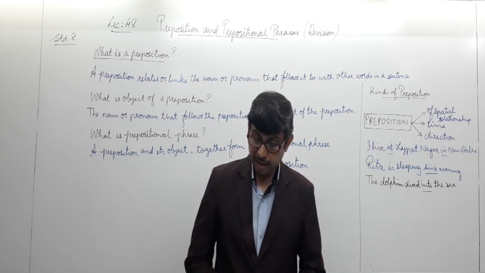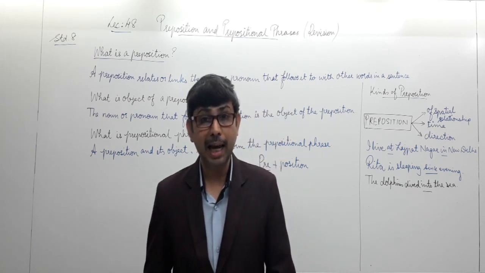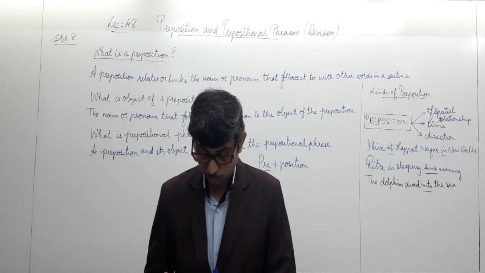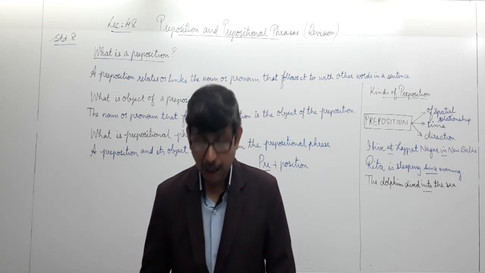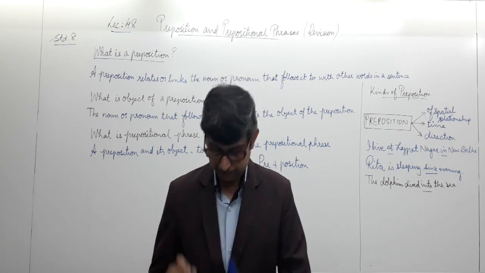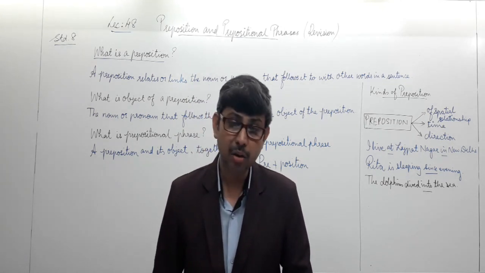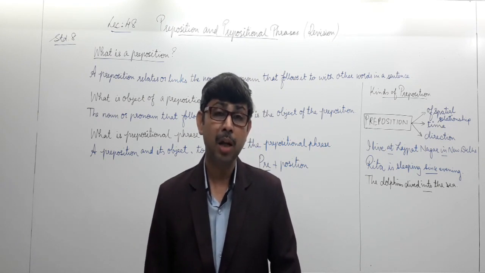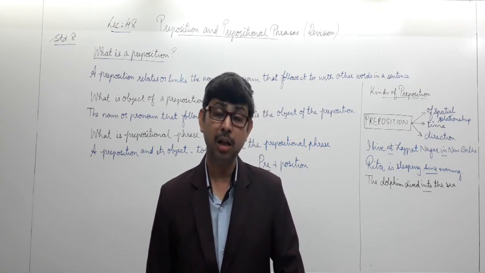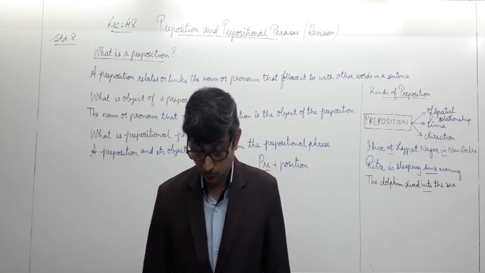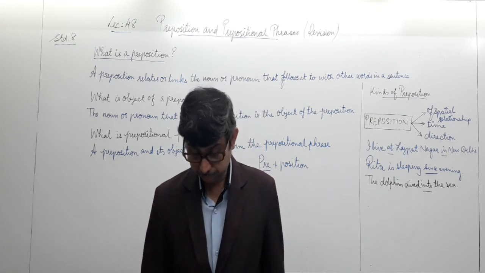Note, in the sentences above, the words in italics, the italicized words in the slant, are prepositions. They are tilted. So words like for, from and in, all these three words are prepositions. They are placed before a noun or a pronoun.